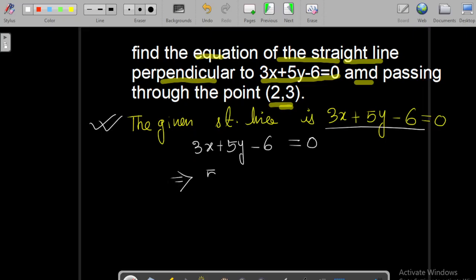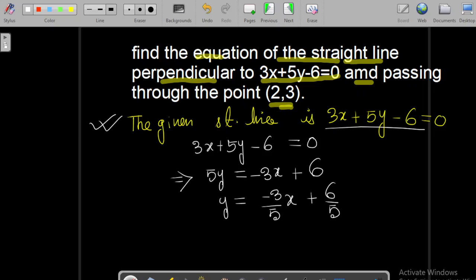So what am I doing? I'm keeping the y related term on the left and taking all the other terms to the right. So it gives 5y equals minus 3x plus 6. So y equals minus 3 by 5 x plus 6 by 5, because we have divided all the terms by 5.